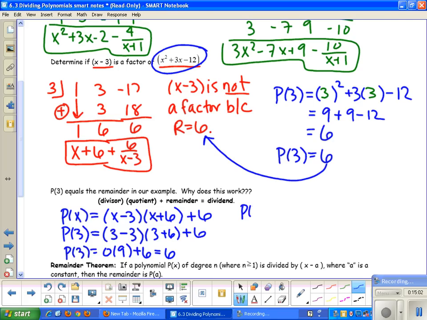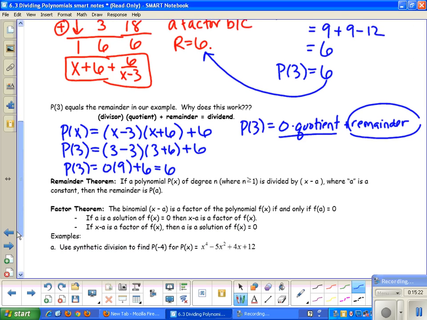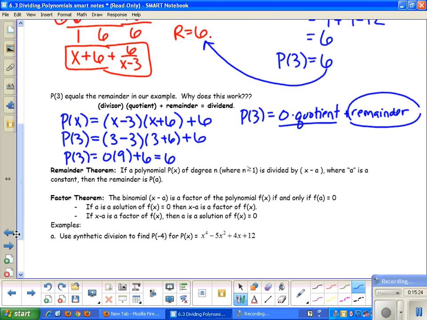So really you're doing p of 3 is equal to 0 times the quotient plus your remainder. And 0 times anything is just 0, so that's why you're going to get the remainder for your answer. And this will happen every single time. That's where we get this next theorem, which is called the remainder theorem.